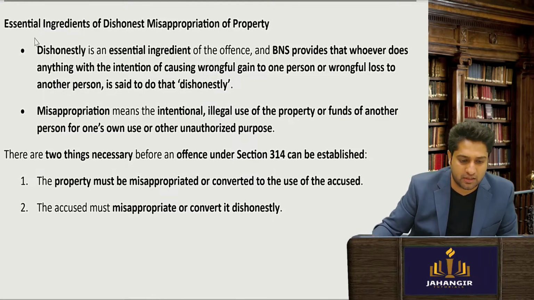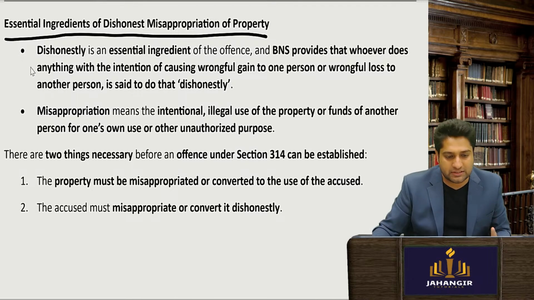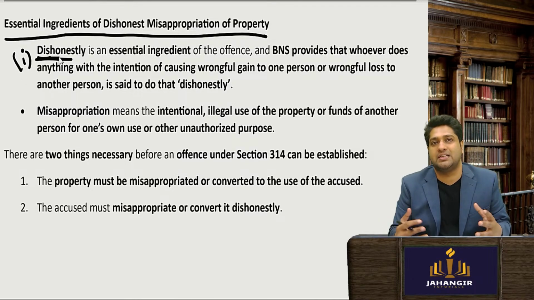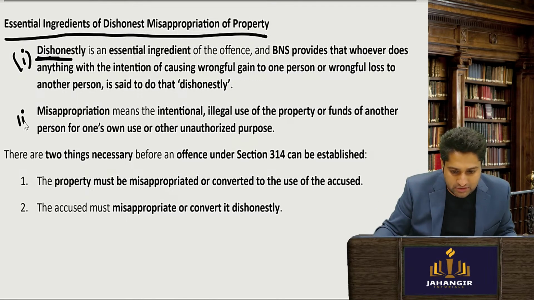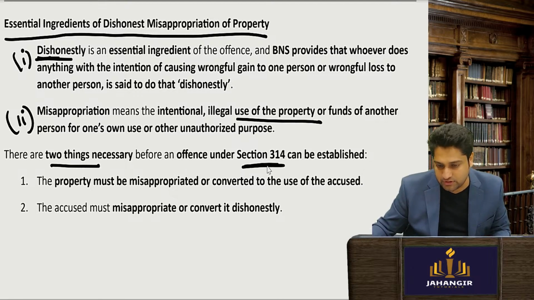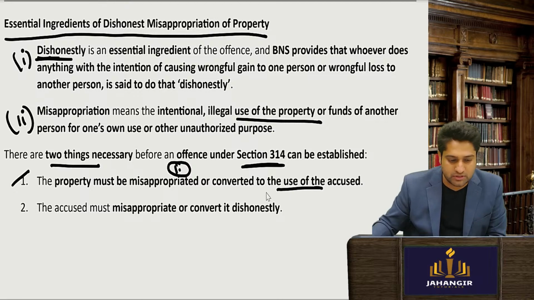Essential ingredients of dishonest misappropriation. First, dishonestly is very important because you don't believe in good faith. There is a lack of good faith. And second, you intentionally convert it to your own use or own funds. Two essential ingredients are there for this offense to be established. Property must be misappropriated, converted to your own use, and it must be done dishonestly.